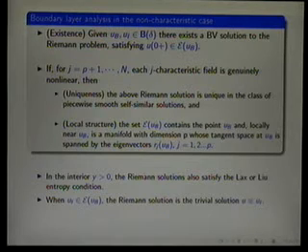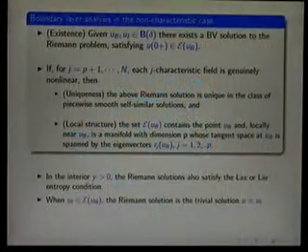And we can also check the local structure of this set, which is also something we expect: this set contains a given point, UB, and locally near this given data, it is a manifold, and the dimension of the manifold is related to the number of eigenvalues with positive or negative sign. Okay? So, in addition, in the interior, the Riemann solution satisfies the Lax or Liu entropy condition.